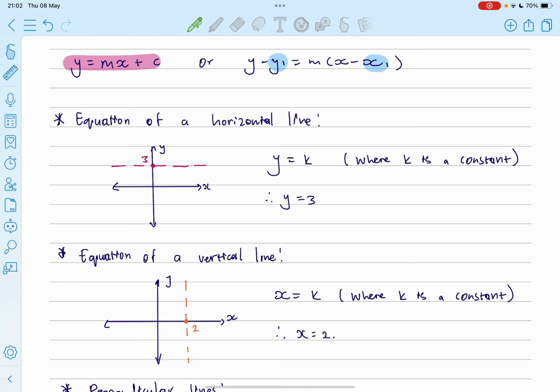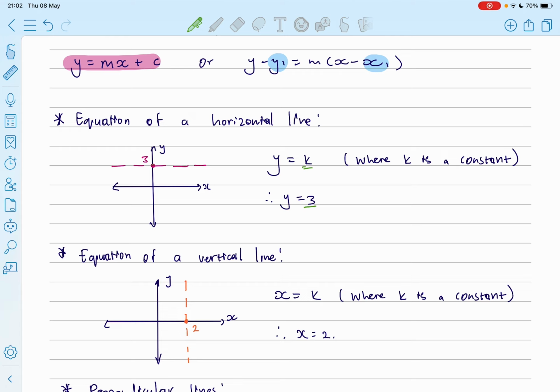So looking at what we have over here, we find that we are at y is equal to 3, and then we have a horizontal line. So that means the equation of this straight line that is horizontal will be y is equal to k, with k being the y value that is constant, and in this example it's 3.